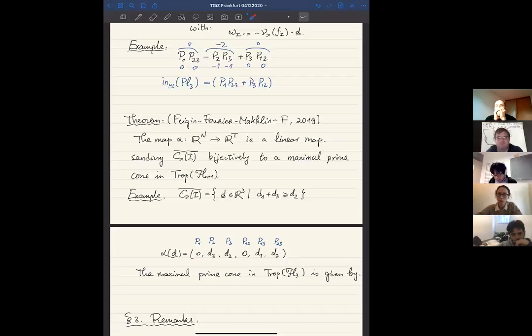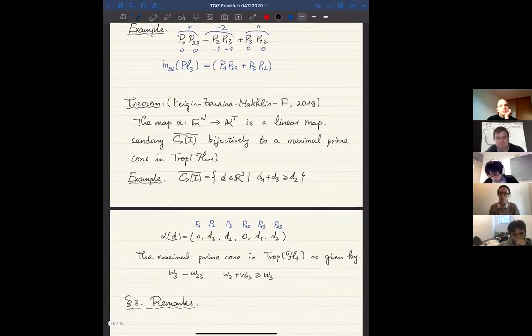And now I can write down this maximal prime cone in the tropical flag variety. It is exactly given by W3 is W23 and W2 plus W13 is larger than or equal to W3. Of course, there are two things that are 0, but this is already in my definition. And we get an explicit description of this maximal cone.